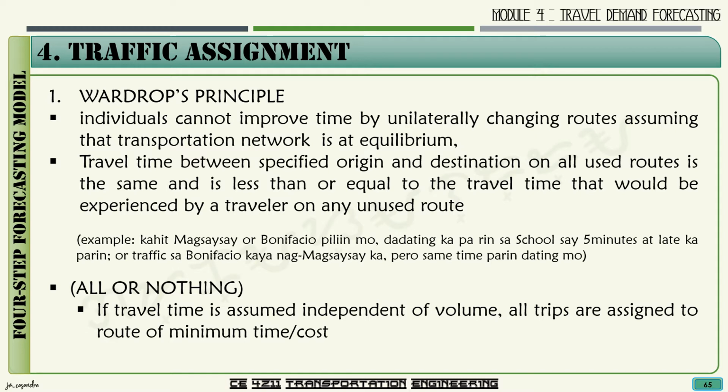And in choosing your routes, the volume that passes through the 2 route choices is independent. So, it does not affect your choice. Kasi sa all or nothing, ang mag-a-affect sa choice mo will be the time or the cost of travel.